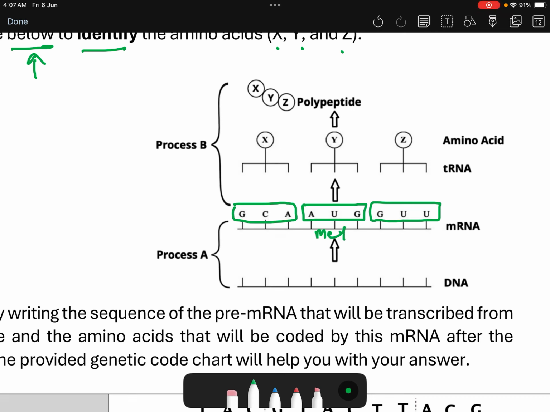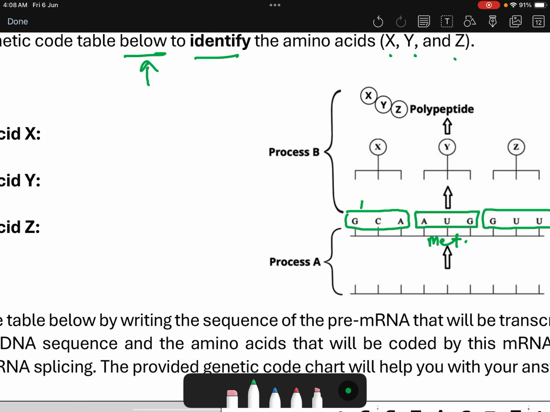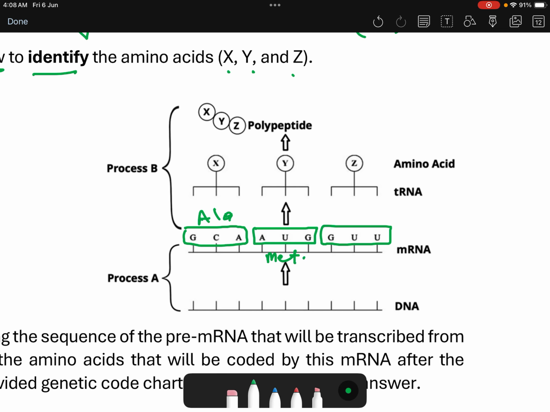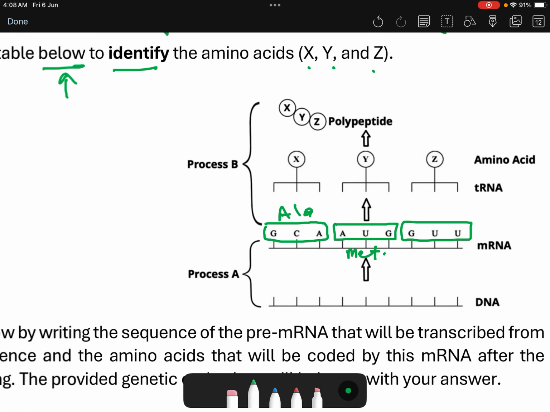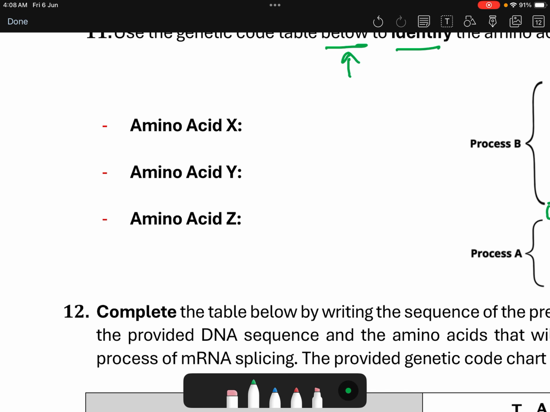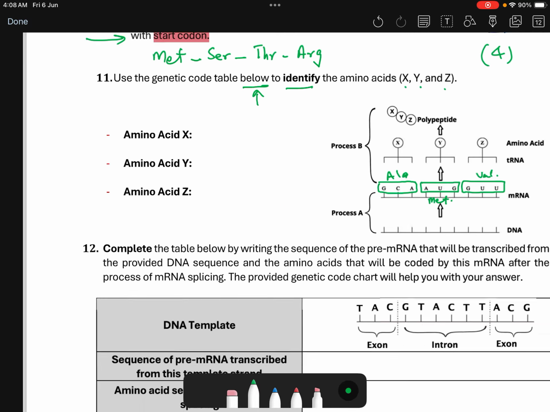AUG, of course, this will be meth, and CGA, I believe, is alanine, ALA, sorry, and GUU is valine. So you can write them here. This is MET, then ALA, and then VAL. I told you, if the table has the full names, please write full names, don't write abbreviations.